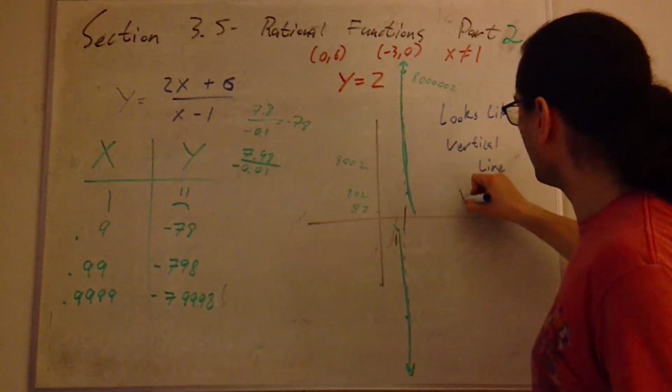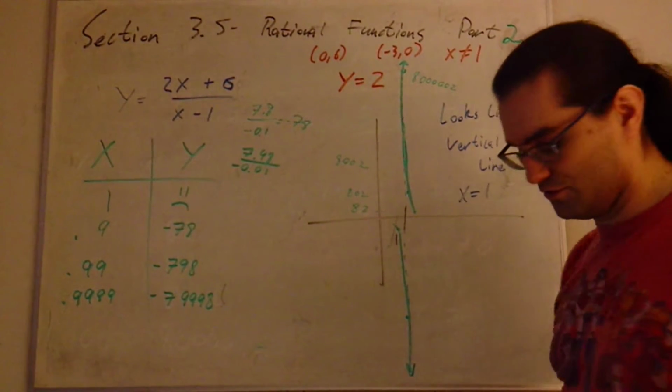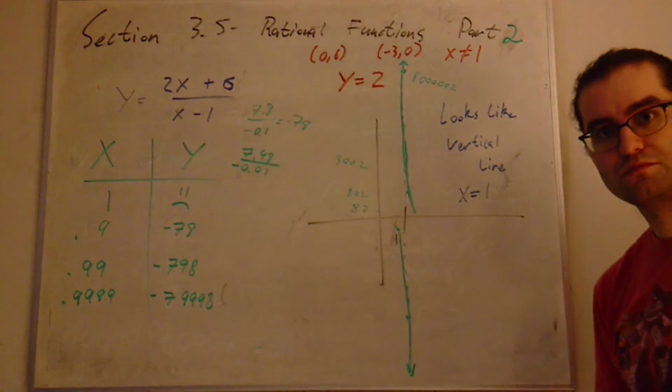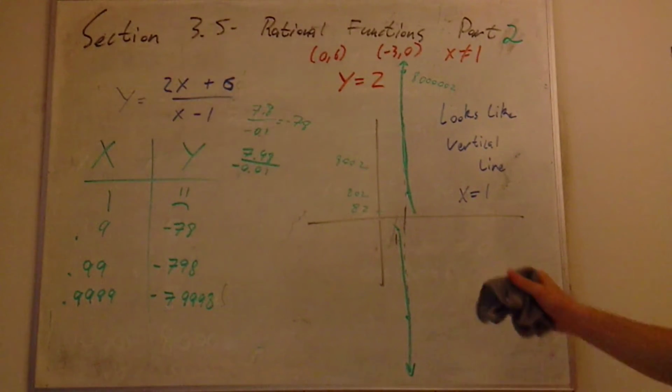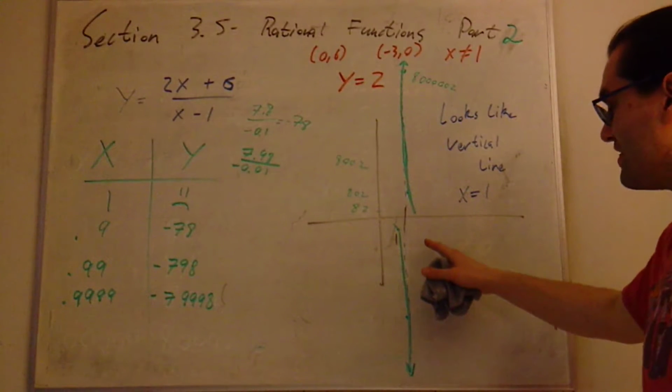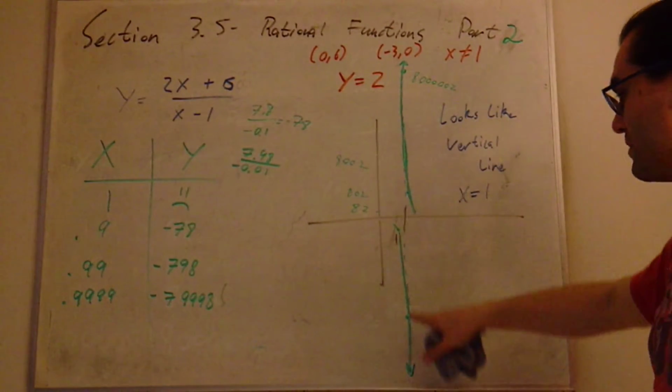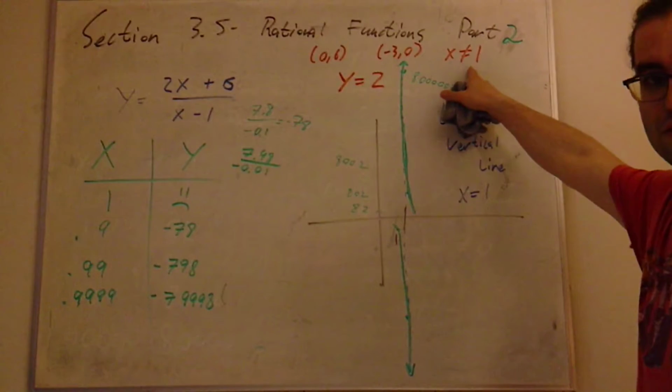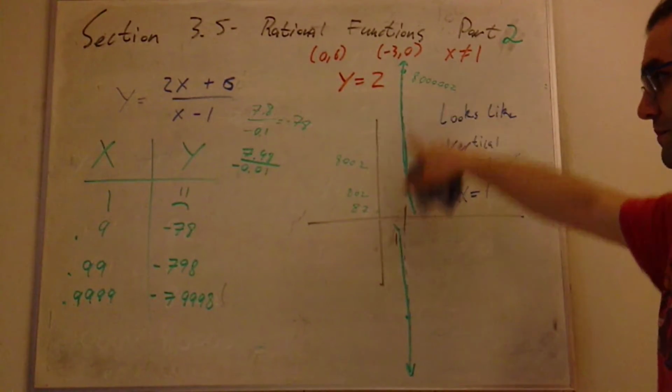Looks like the vertical line x equals 1. This is what pretty much all of these domain restrictions are going to graph like.